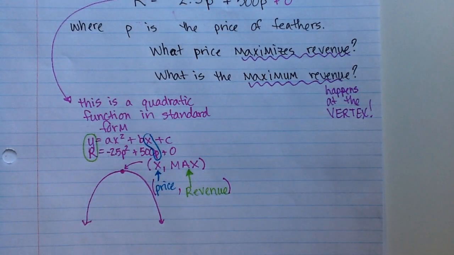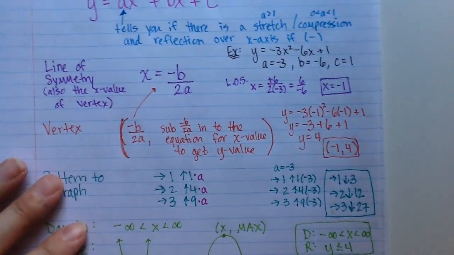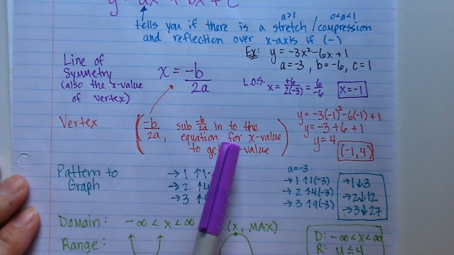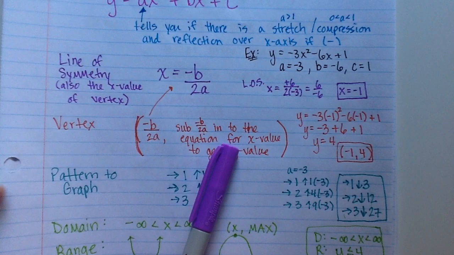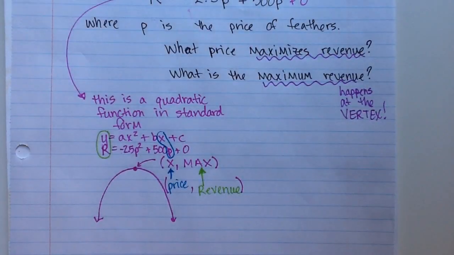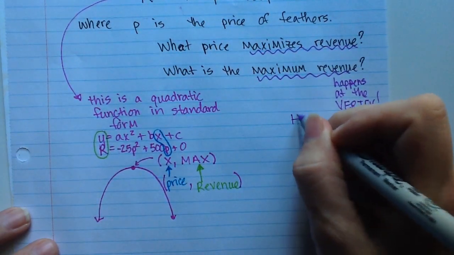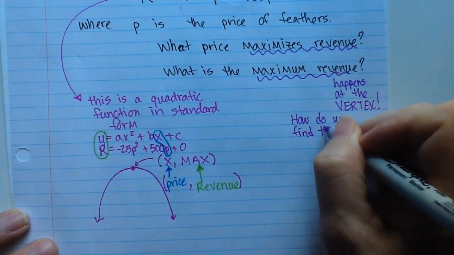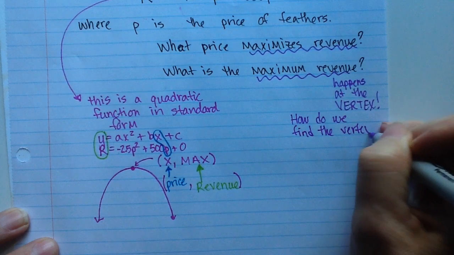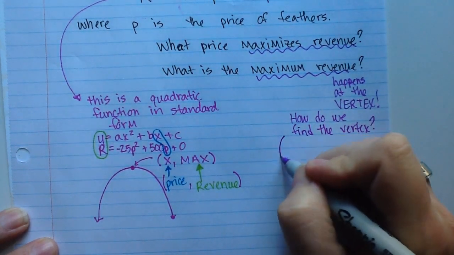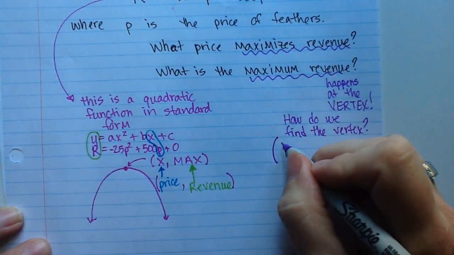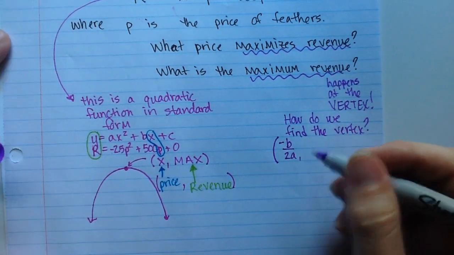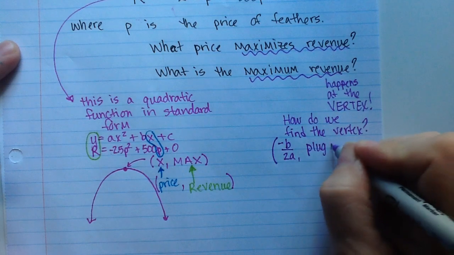As a reminder, to find the vertex, we do opposite b over 2a, and then we substitute that into the equation to get the y-coordinate. So, how do we find the vertex? For the x-coordinate, we do opposite b divided by 2a. For the y-coordinate, we plug it in.